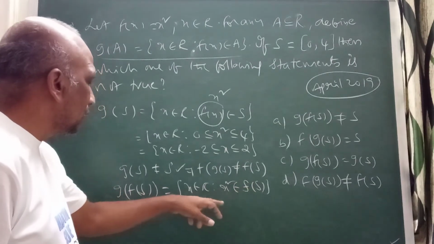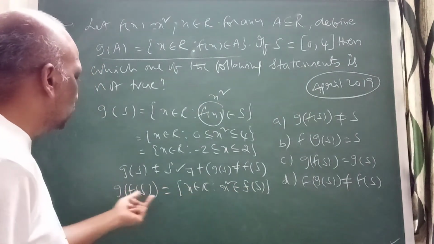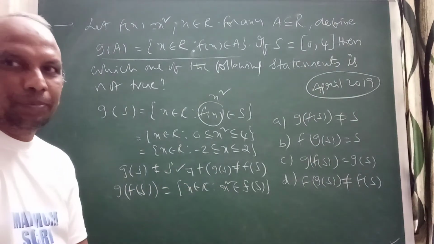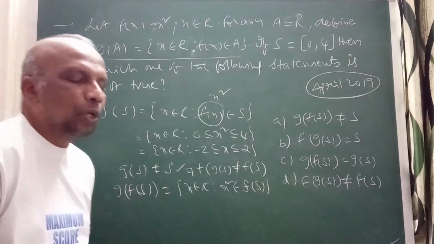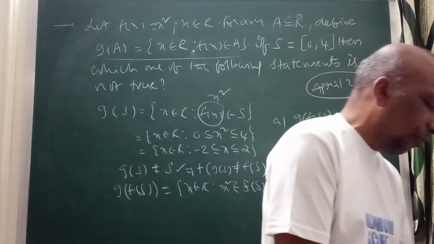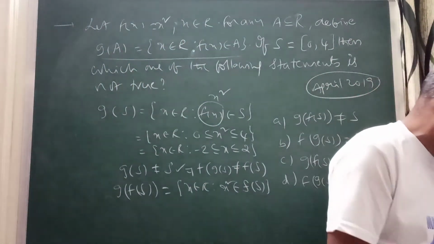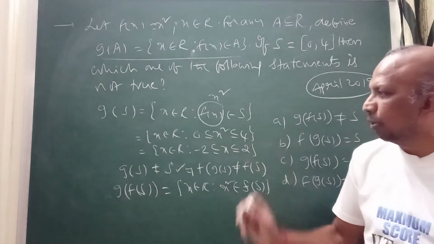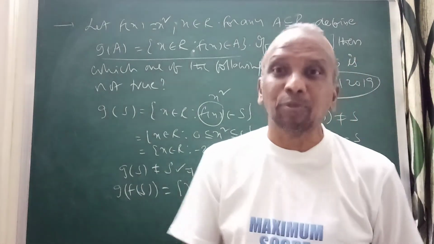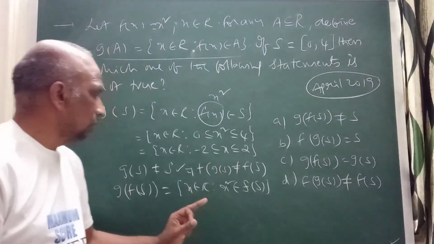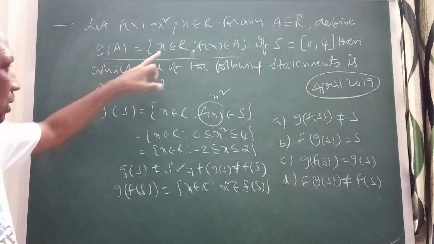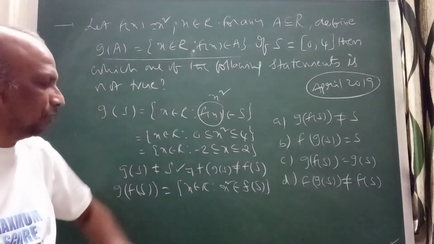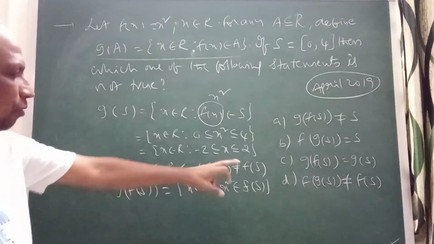Now when they are talking the value belongs to f of s, what are the positive values they can consider. When I have taken f of s, x belongs to R, then you will get f of x belongs to f of s.